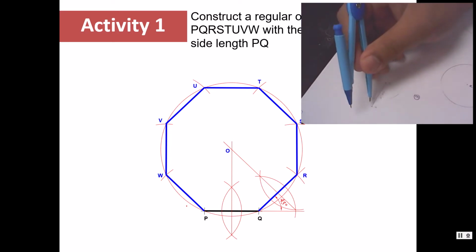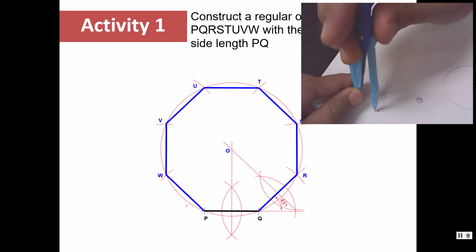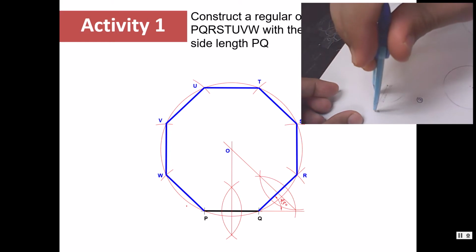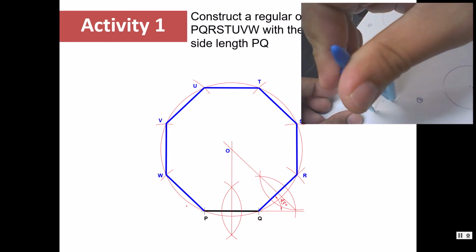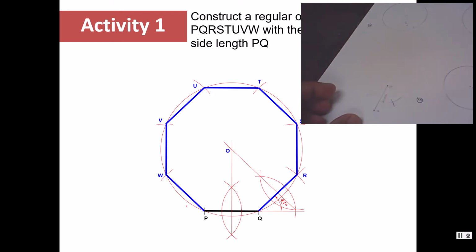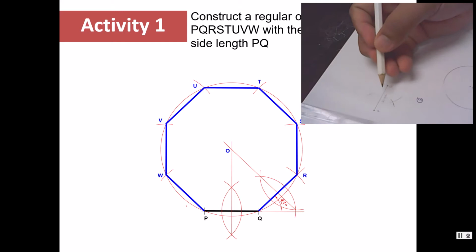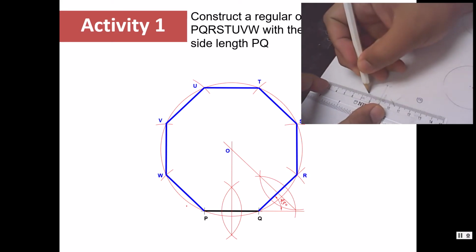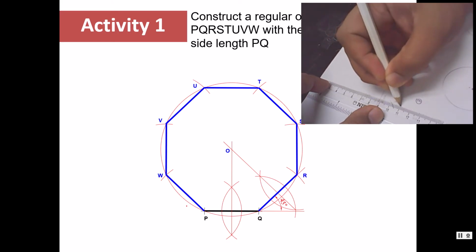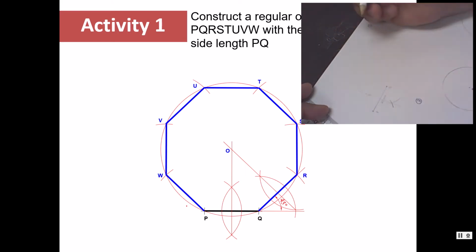So from Q, and this is from P. Okay, so at the end we are going to get this point and this point. If we draw a straight line, it is going to be perpendicular to the PQ line.